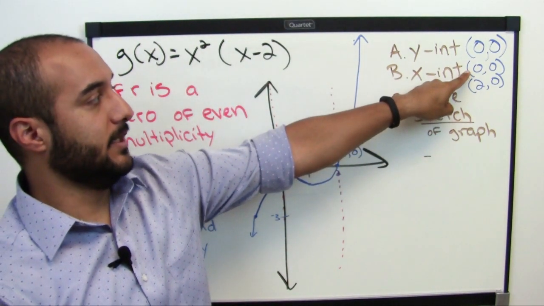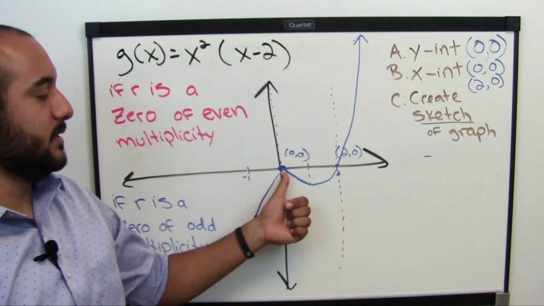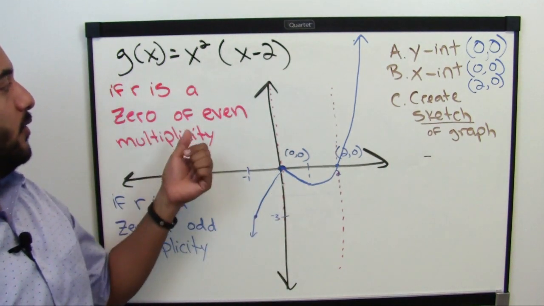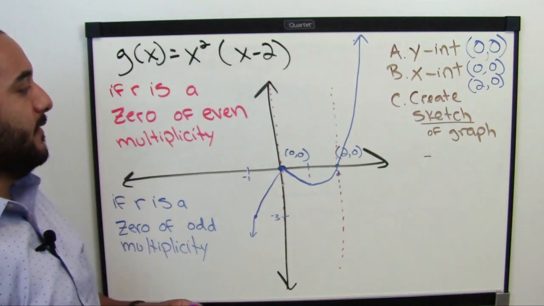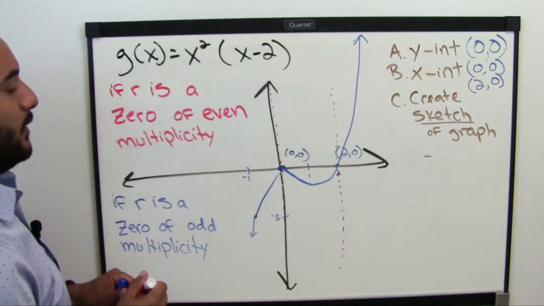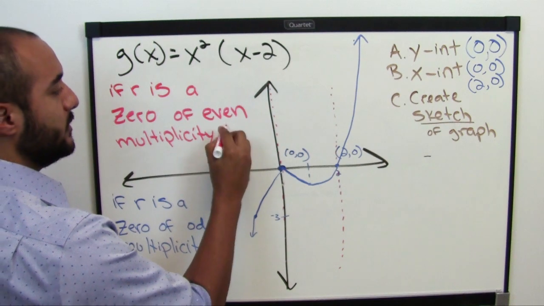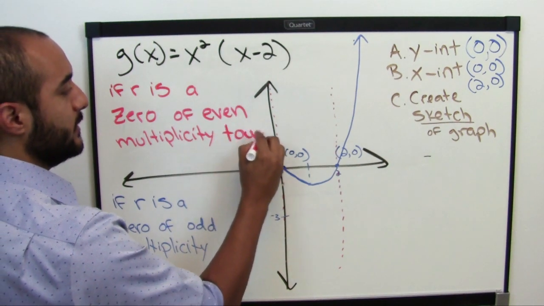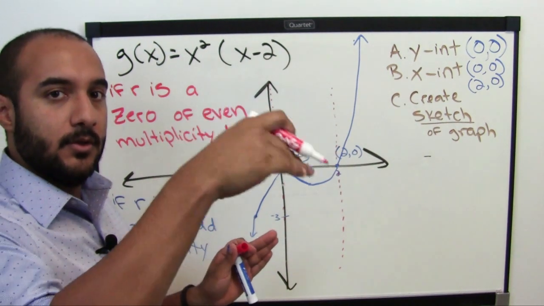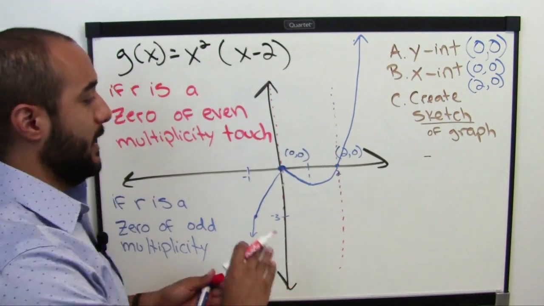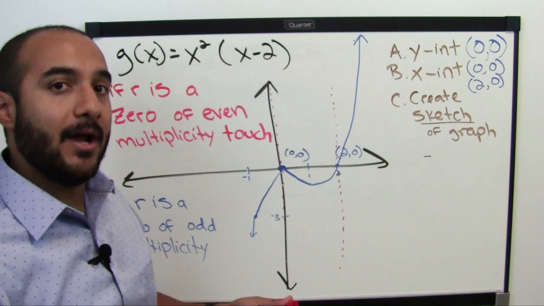That was this answer right here, our x-intercept when x was equal to 0. This is the one we got. So when our multiplicity is even, we know that it will only touch the x-intercept. It's not going to cross it. It's going to do kind of like a U-turn. It'll touch it and go back where it came from.